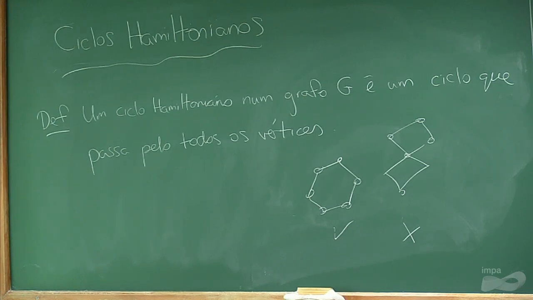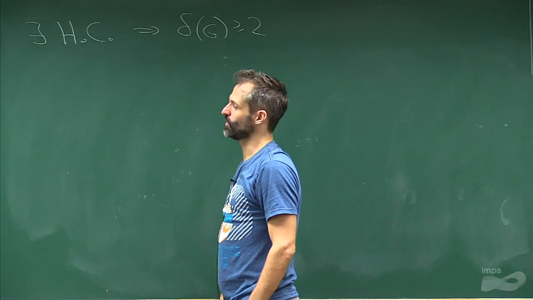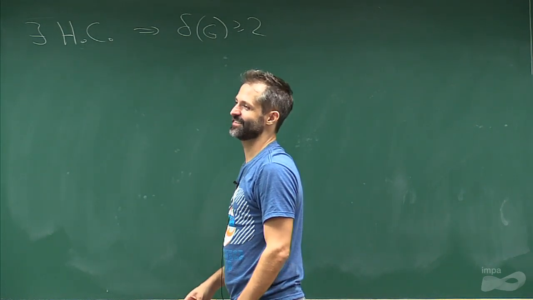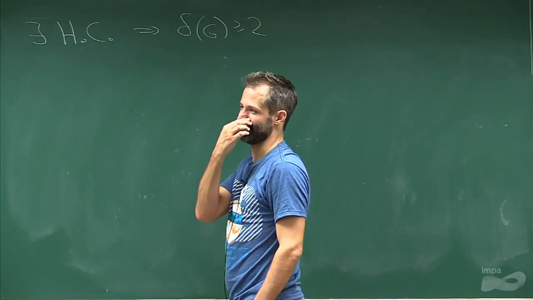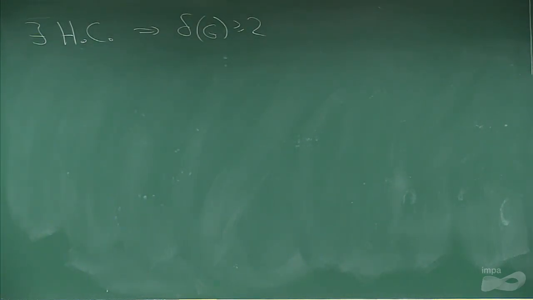A Hamilton cycle implies that the min degree of G is at least 2. What's a counterexample? There's one. Yeah, it's got min degree 2, and there's no Hamilton cycle.